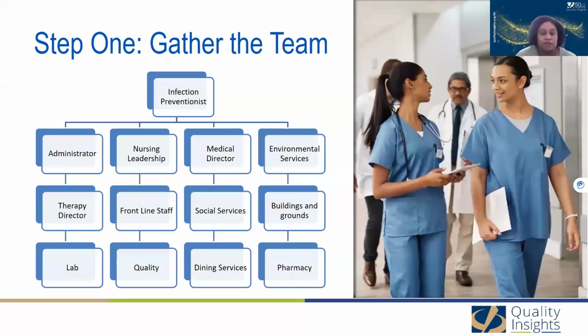Each team will look a little bit different depending on the specific risks identified by your facility. Usually, the IP leads the team, but that's not always the case. But the team should always include key stakeholders from your facility to collaborate on the risk assessment.